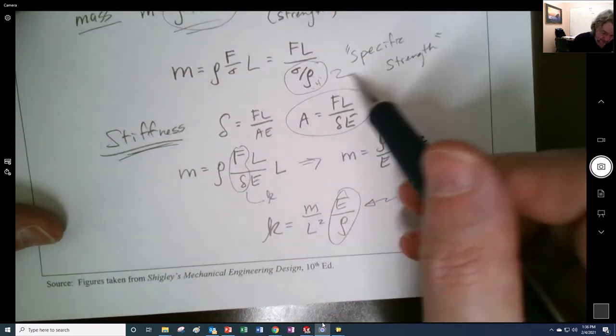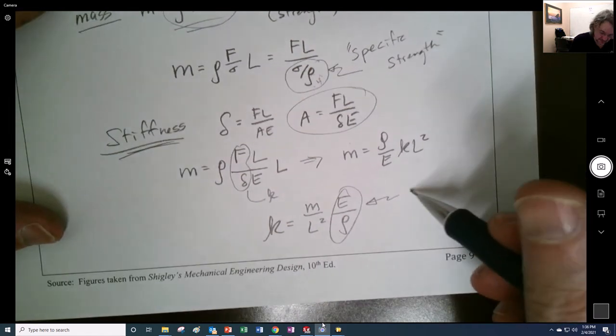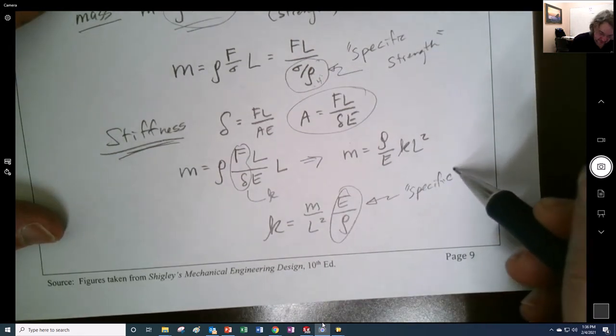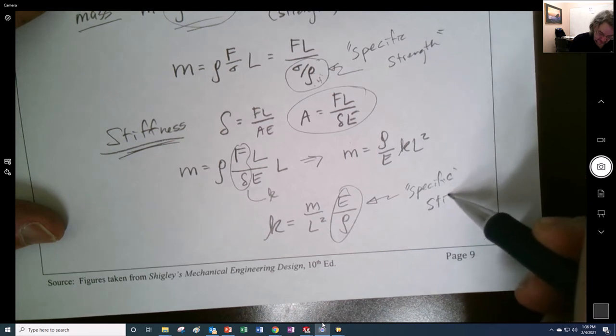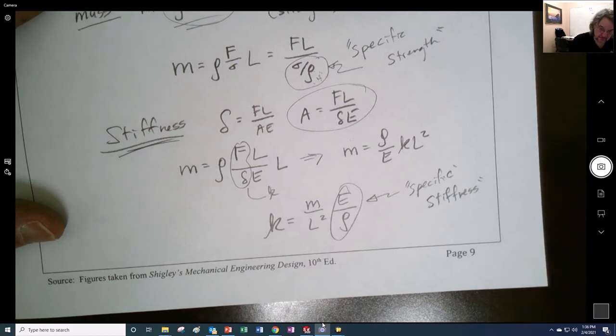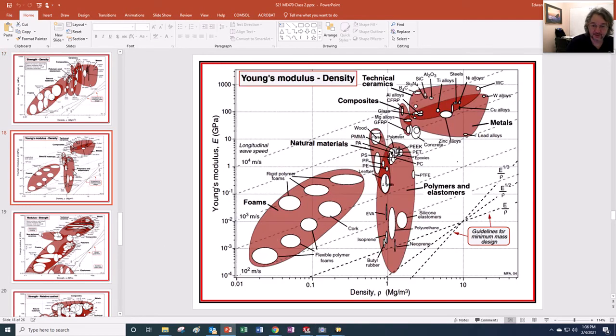So here's one performance index. Here's another that we might call specific stiffness. And we would use instead this line right here.